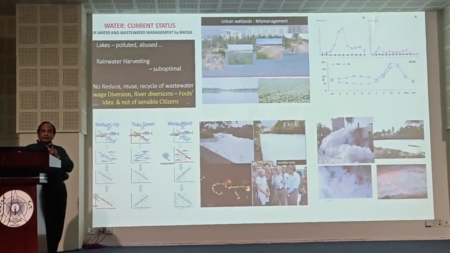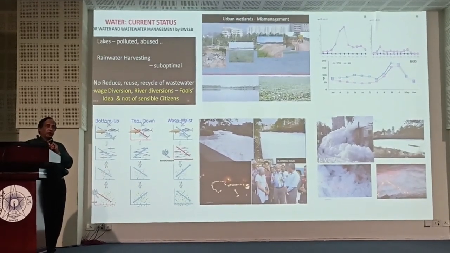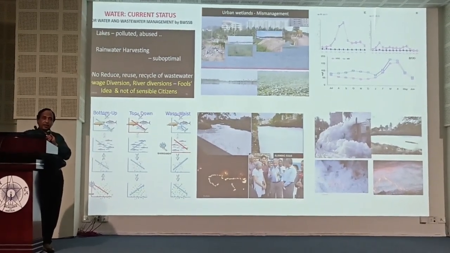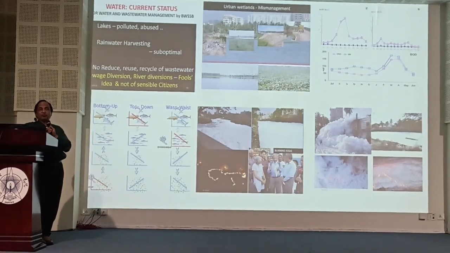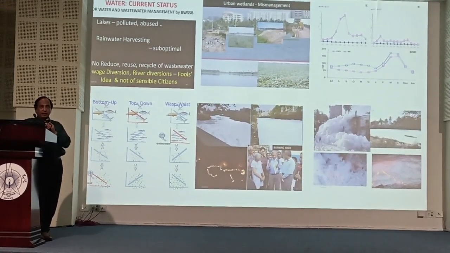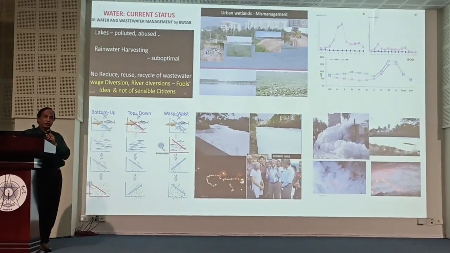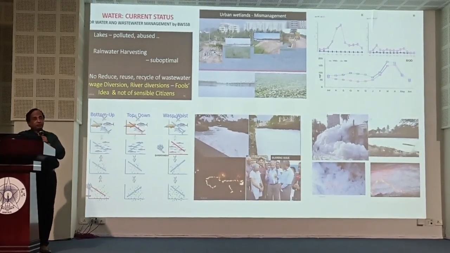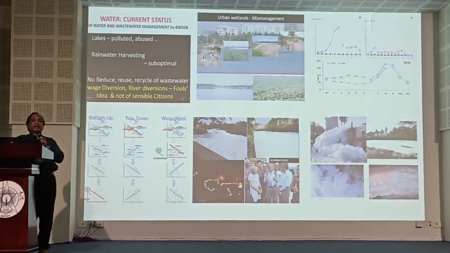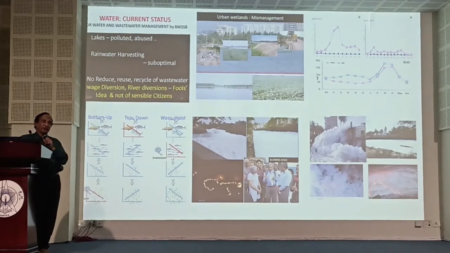We are letting untreated or partially treated sewage into the lake, and in the process, sustained inflow of nutrient-rich water contaminates the water body. That's what is happening in many lakes in Bangalore. Our study shows that out of 198 lakes, 98% are sewage fed.